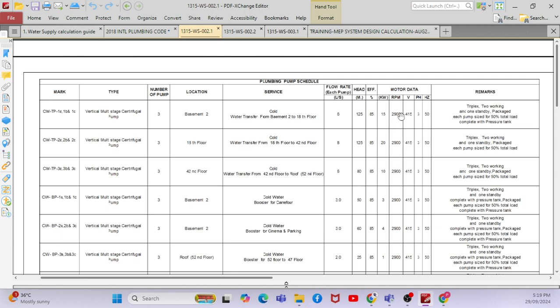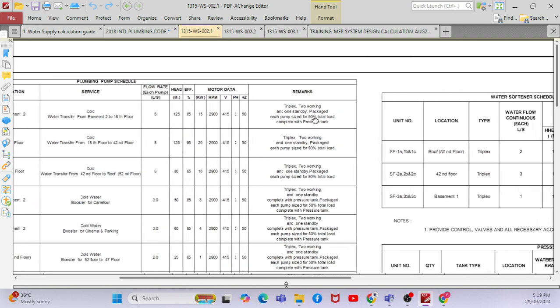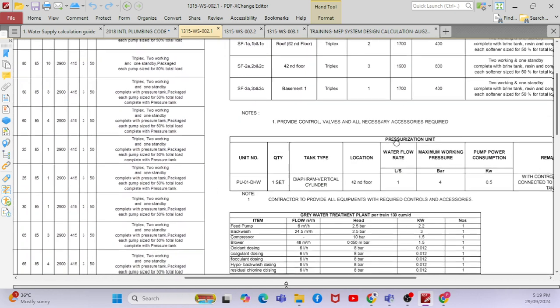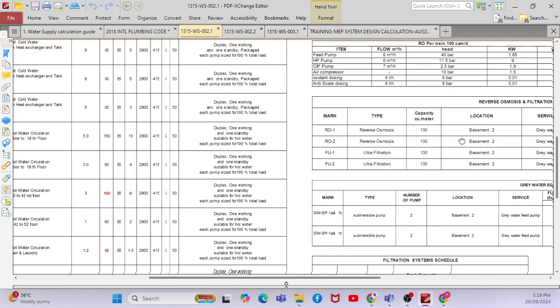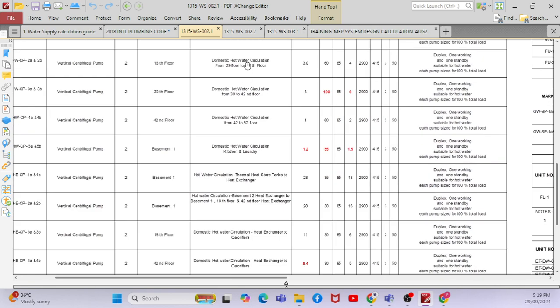The power data, everything we can coordinate with the manufacturer and get once you calculate the flow rate. Similarly for the water softener treatment, the pressurization unit, and grey water treatment, everything we can prepare based on the manufacturer recommendations.